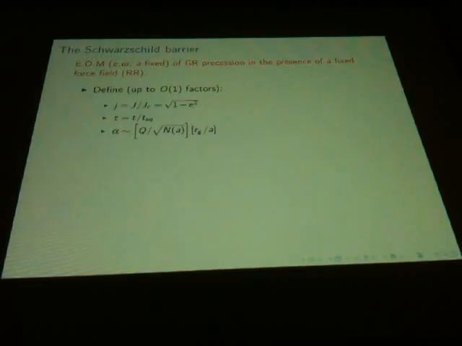So here I'm assuming a two-dimensional system, so everything is in the plane. And I'm simply going to write down the equations of motion for a star that is precessing under the influence of GR Schwarzschild precession, and at the same time is subject to a spatially uniform force field, which is an approximation for the effect of the Poisson perturbation.